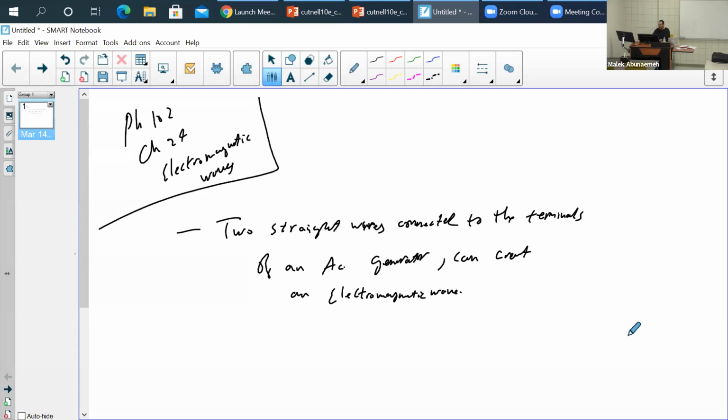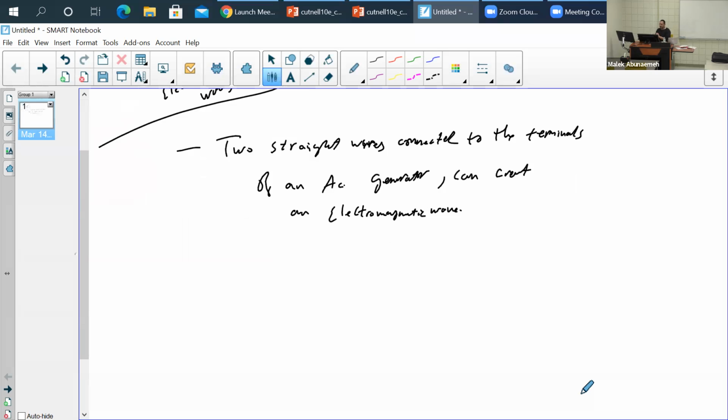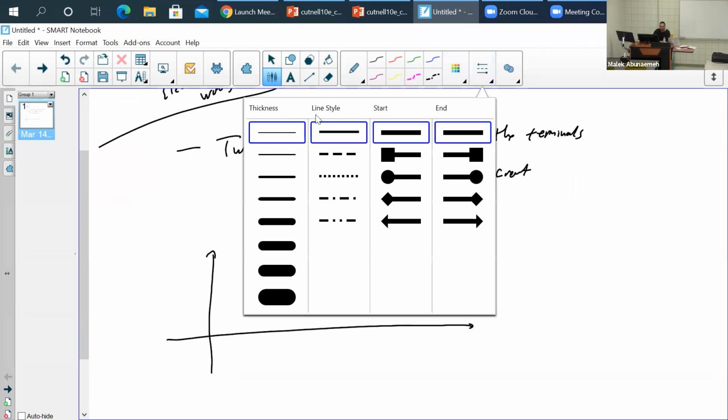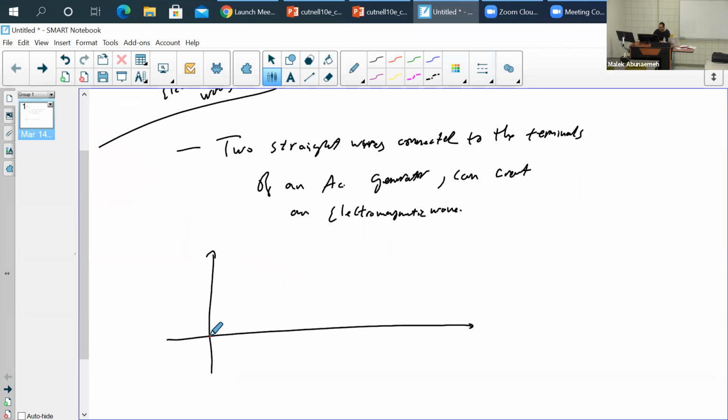Now, when you have an electromagnetic wave, let me go ahead and draw this down. Actually, let me use black. And then let's say we have an electric wave, this electric field wave.